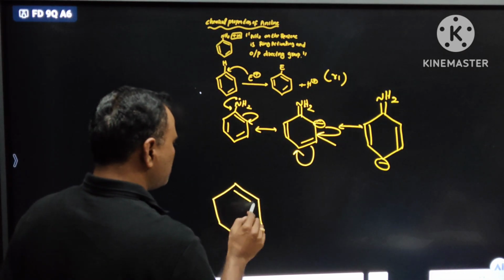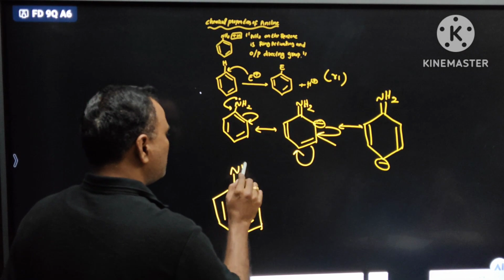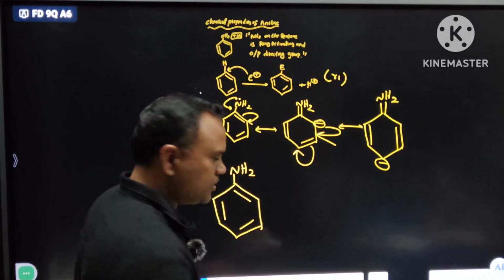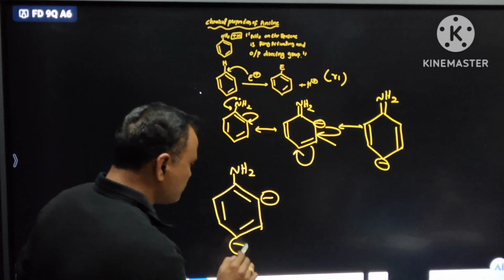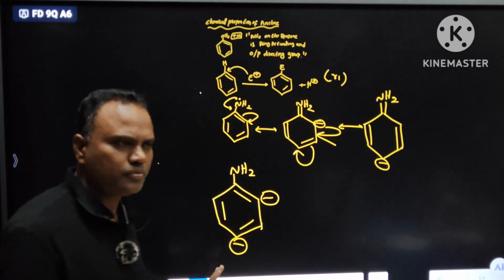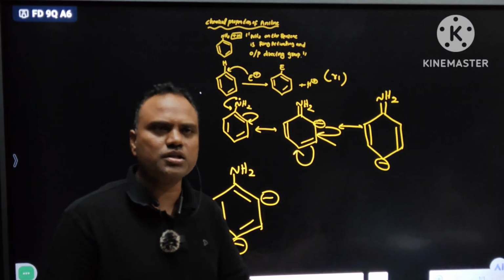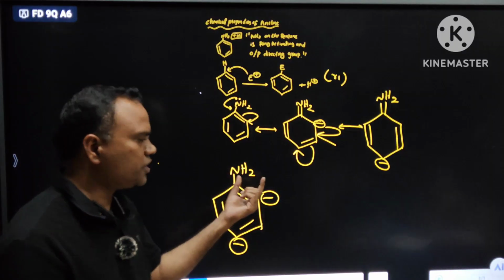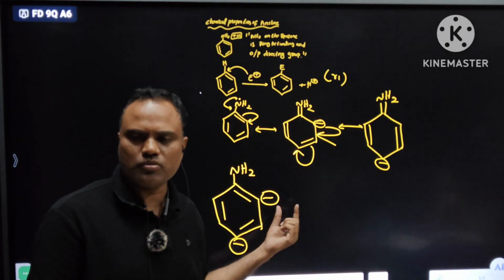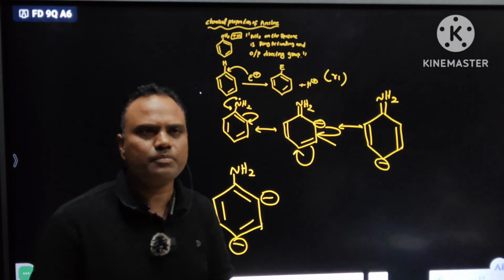Just remember this. That is enough. When NH2 is present on the benzene ring, negative charge will accumulate at ortho and para positions. Remember this point. Not only NH2, any plus M group, any electron donating group. When an electron donating group is present, negative charge will accumulate on the ortho and para positions.